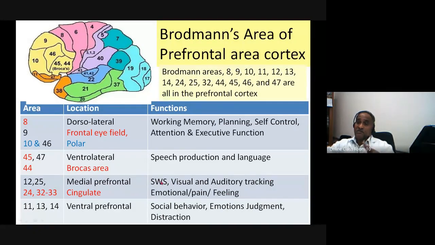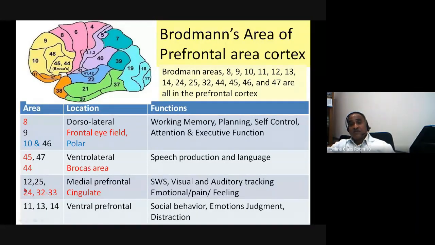Slow wave sleep is a synchronized sleep. So this slow wave sleep, NREM sleep, as we say, is governed by this area, particularly the medial prefrontal area. Then it will have the visual and auditory tracking. So whenever we try to track these things, the visual and auditory tracking, and to some extent, attention.